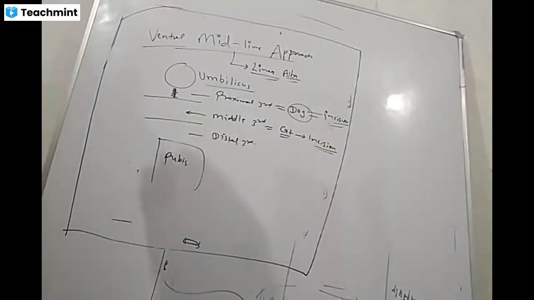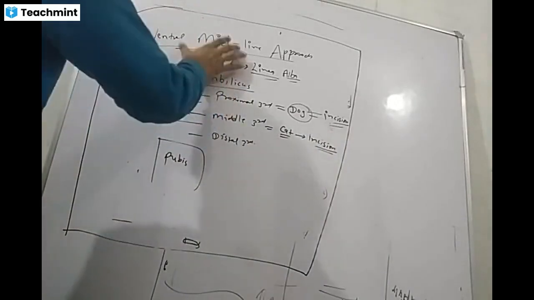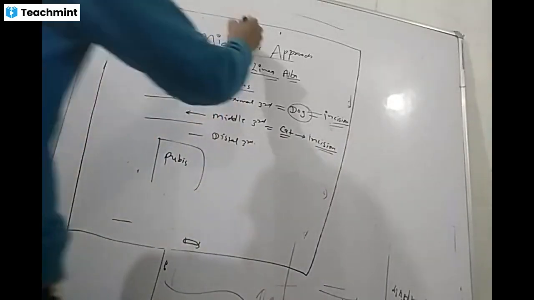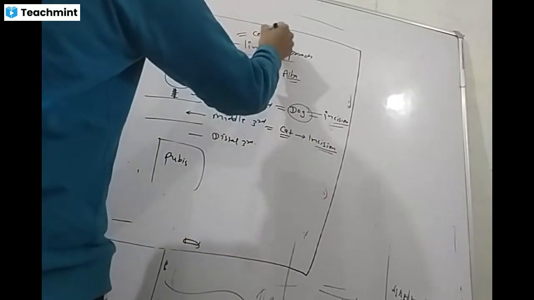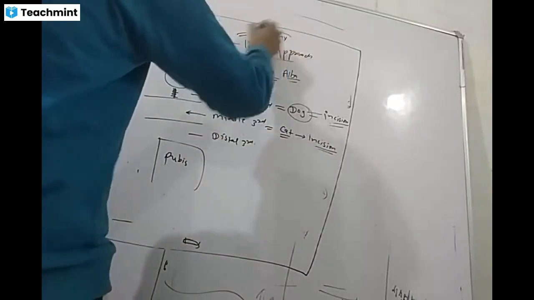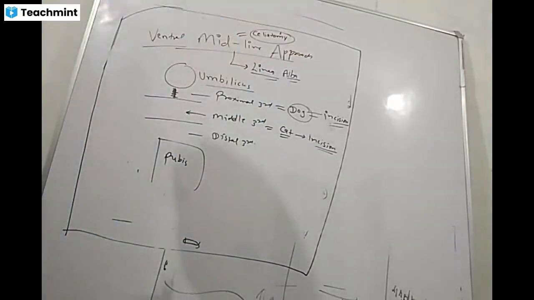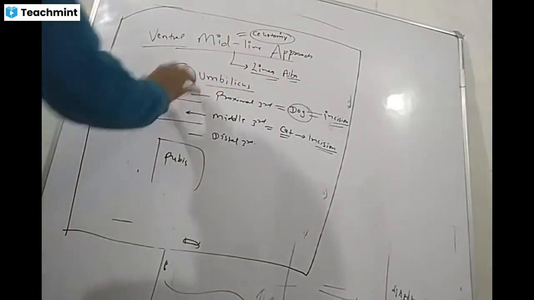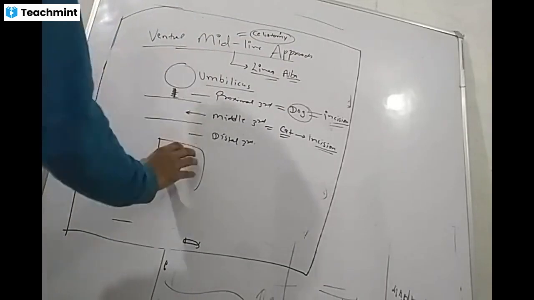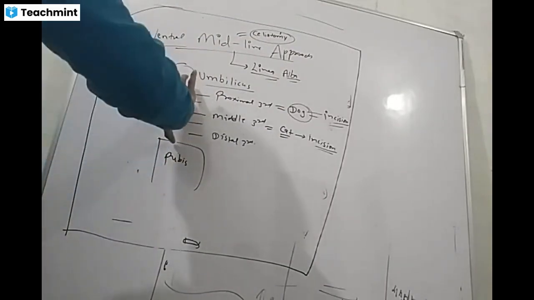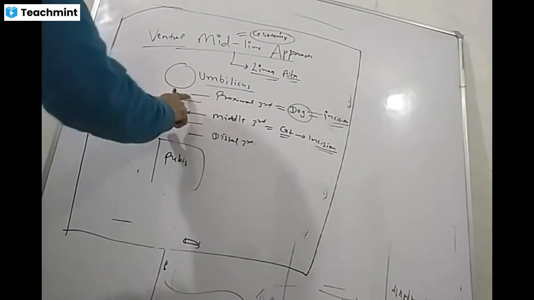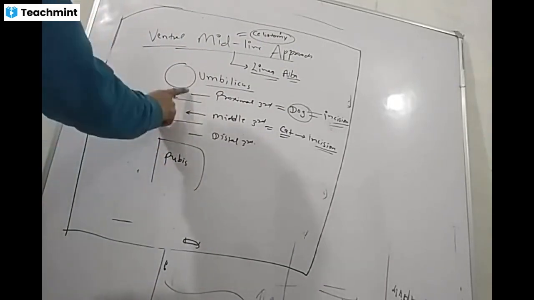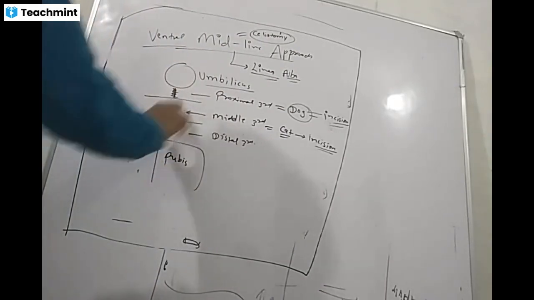So remember these two MCQs. For the midline approach, that is your celiotomy, you are entering the abdominal cavity through the midline of the animal. From the umbilicus to the pubis, this area is divided into three parts: 1/3, 1/3, 1/3. Proximal, middle, distal.